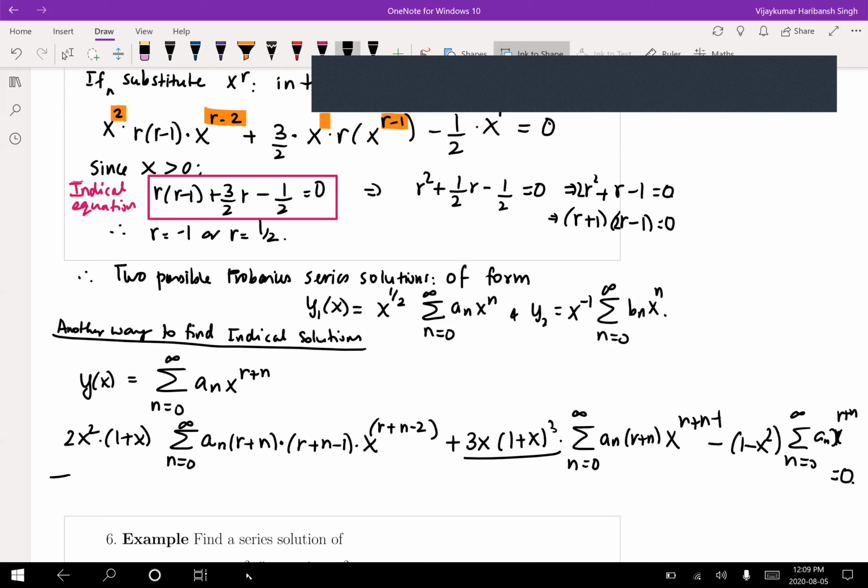And then you basically solve for r from here.